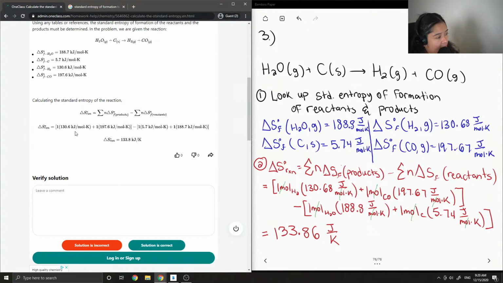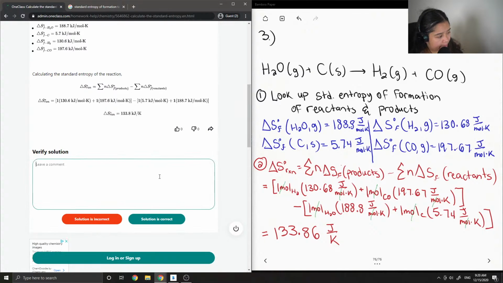But basically, they have the same math showing that everything was a 1-to-1 ratio, and they got 133.8. Okay, so the explanation was correct. Explanation and calculations are correct.